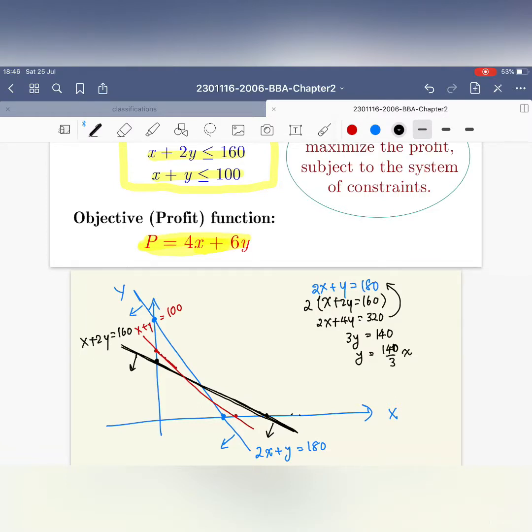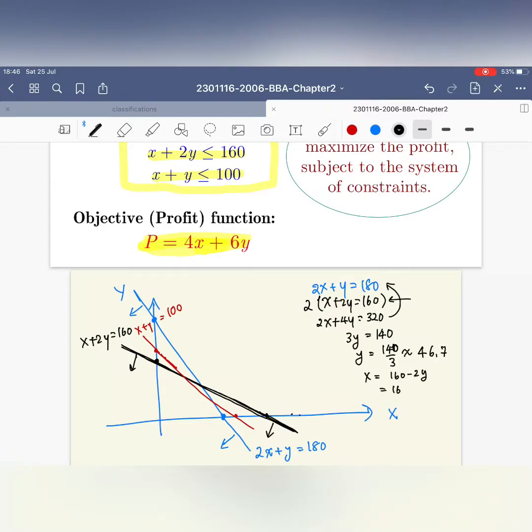So your y is 140 over 3, which is about 46.7. And your x, you can just plug in here. Your x is simply 160 minus 2y.